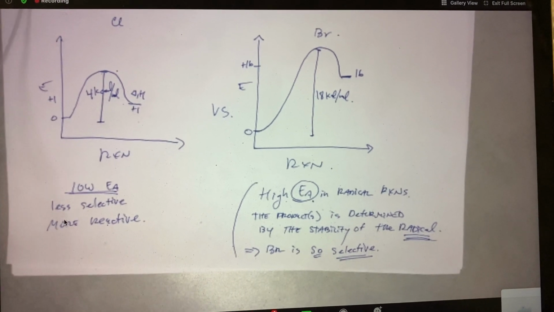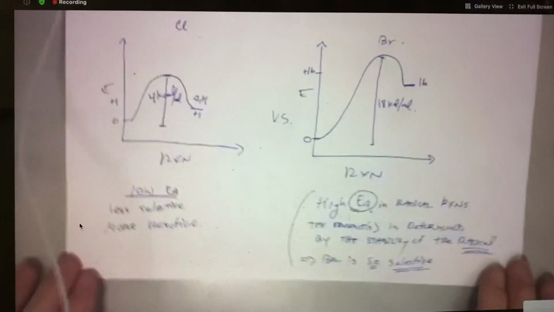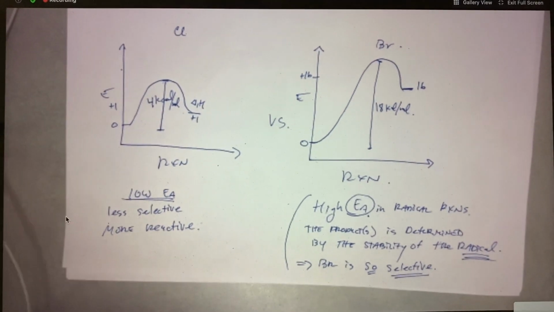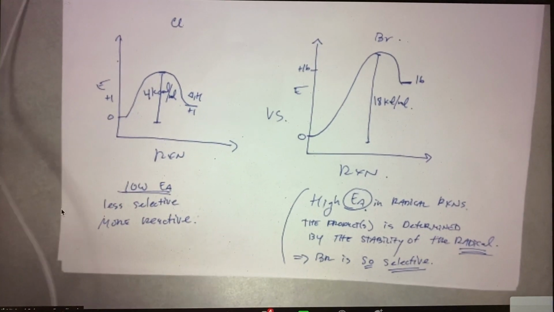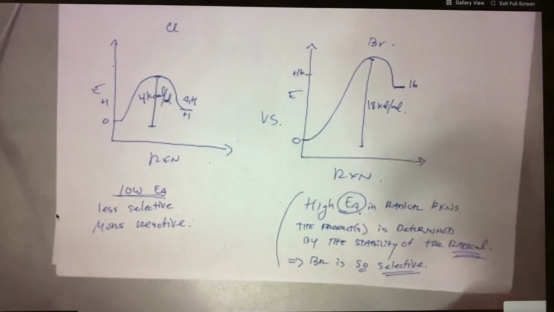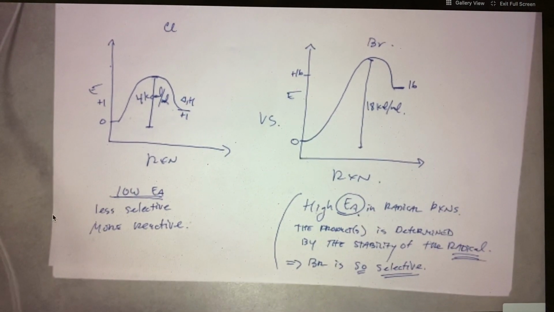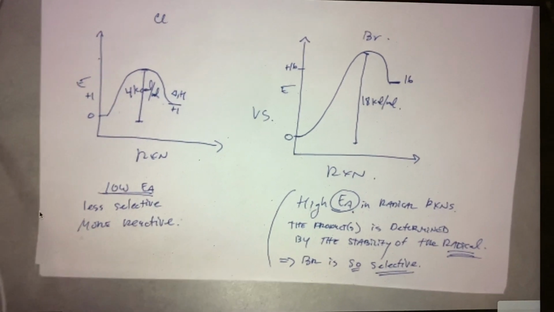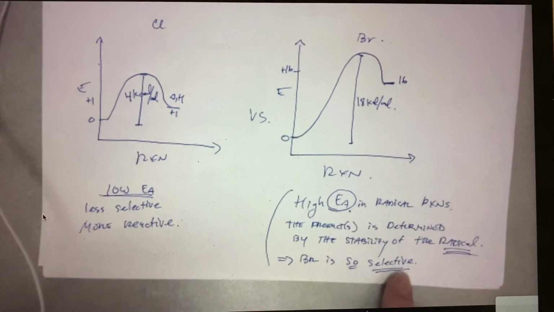I'm intentionally truncating some slides about Hammond postulate theory. Don't want us to be confused anymore. But at the end of this, our energy calculations, hiding in them, are these activation energies. And high activation energy processes are associated with less reactive species that then become more selective.